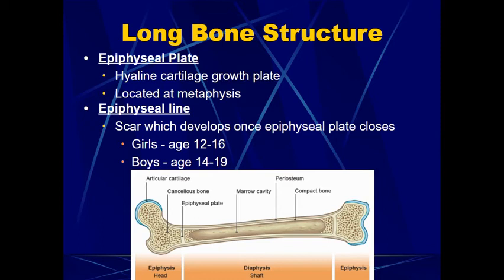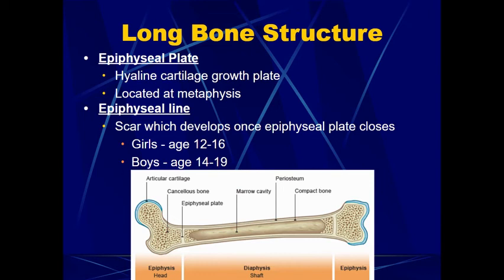In girls, that happens somewhere between age 12 and age 16, and in boys, somewhere between age 14 and age 19. That's because girls enter puberty earlier than boys. There also seems to be a link between menstruation and when the epiphyseal plate closes.